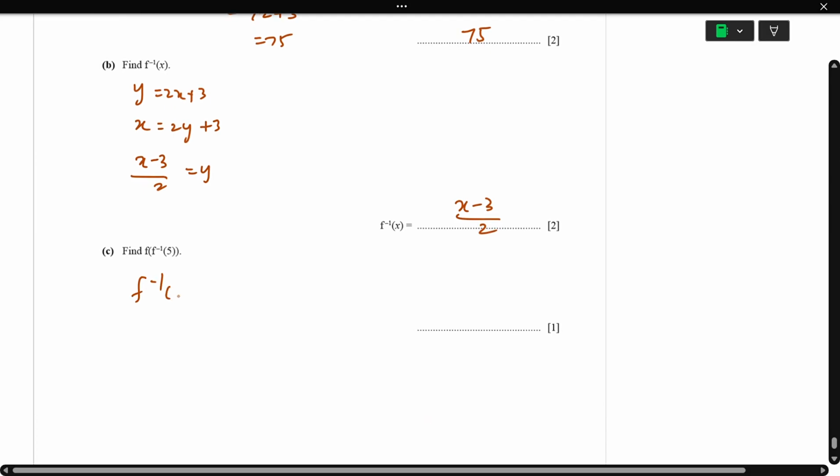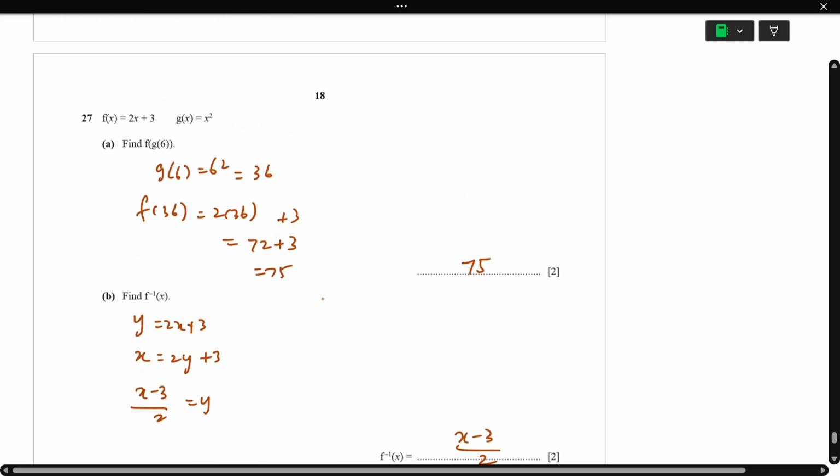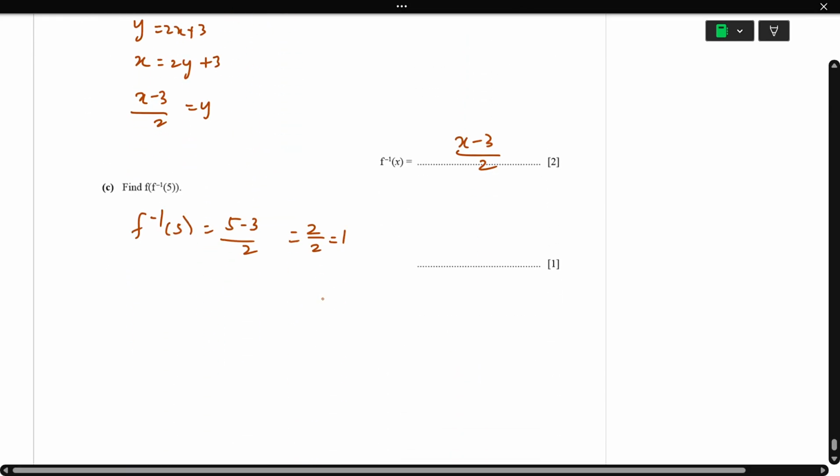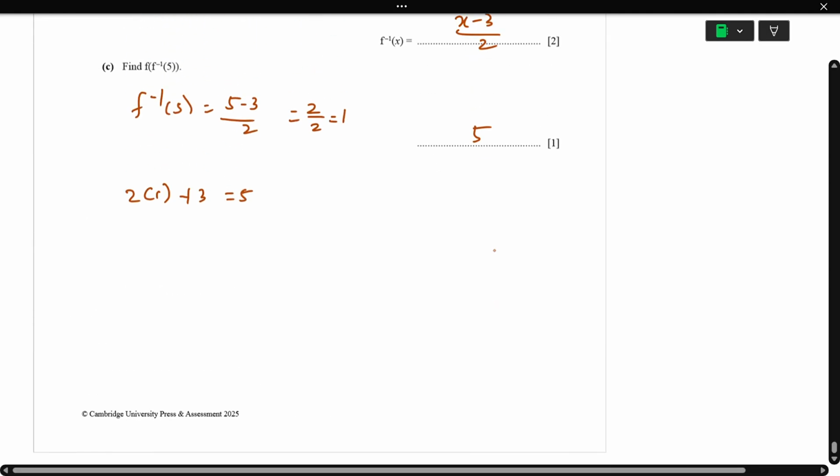First we'll find f inverse of 5, which equals 5 minus 3 over 2, which is 2 by 2, which is equal to 1. That value we have to put in f. f is 2x plus 3. So 2 of 1 plus 3, which is equal to 5. So 5 is the answer here. Yeah, that's the end of the sheet.